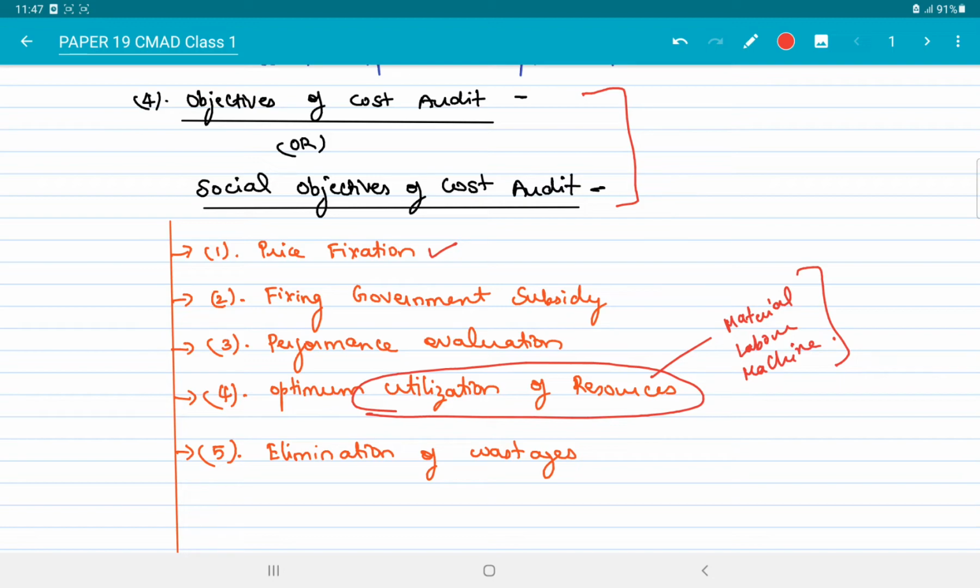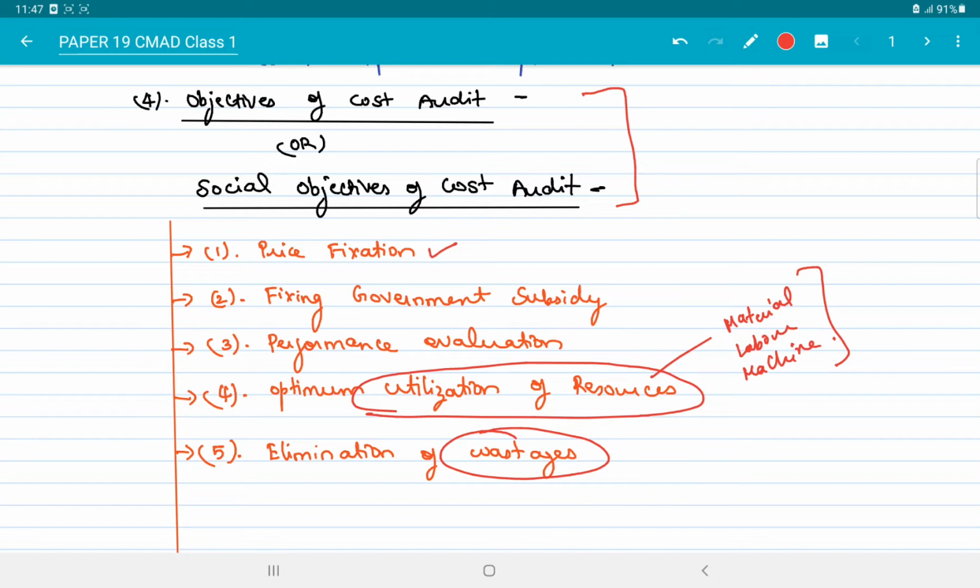There is no abnormal idle capacity, to ensure which cost audit is done. Elimination of wastage. Once we ensure that there is optimized utilization of all the resources available, this will lead to eliminating the wastages.